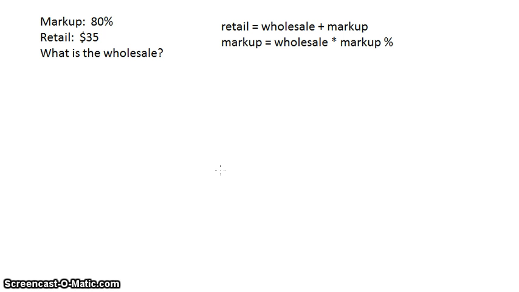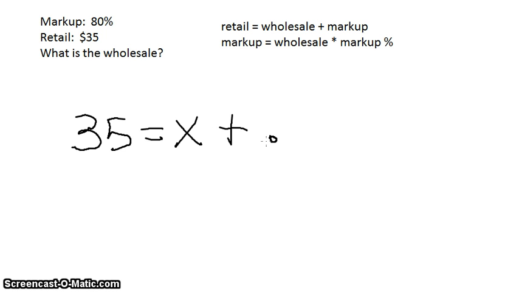So what we're looking for is the wholesale. So 35, and just plug things into the formula. Since wholesale is what I don't know, it is X, plus my percentage, 0.8, times wholesale, which is also X. So 35 equals X plus 0.8X.